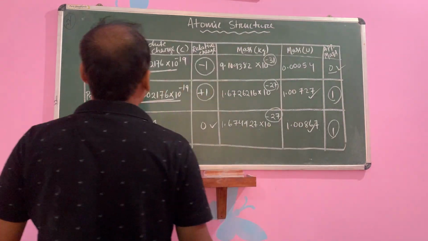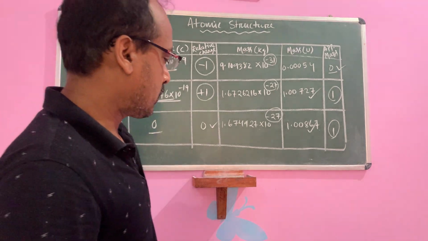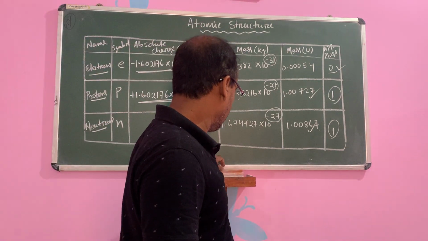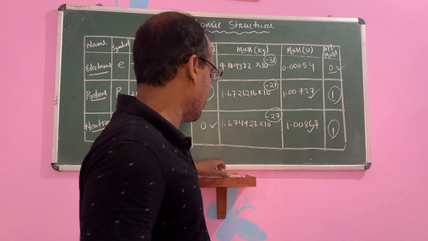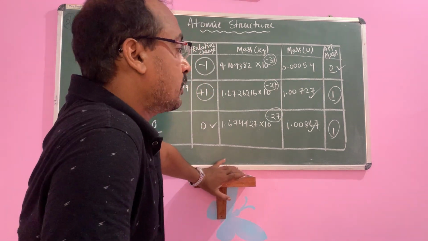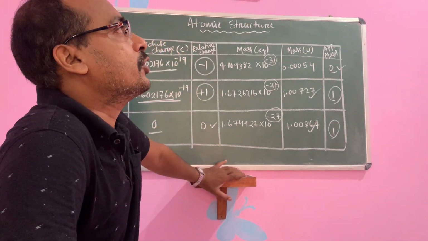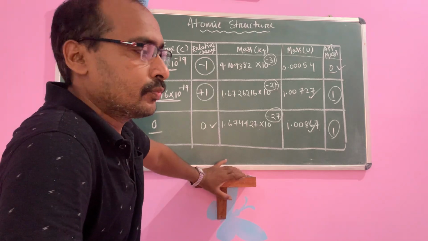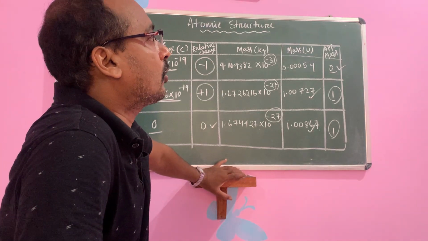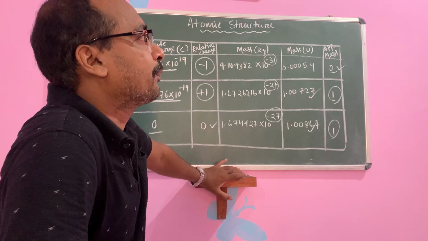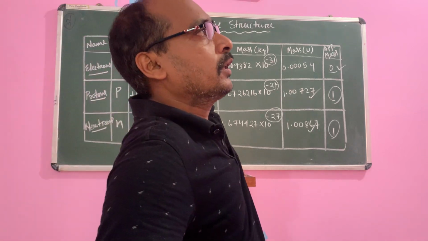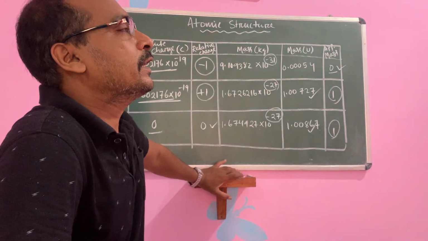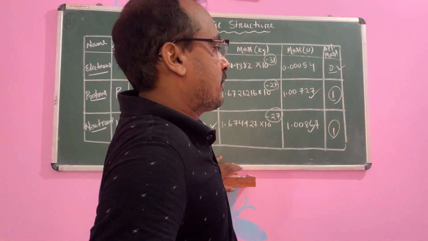These are the subatomic particles, which you have read in lower classes. ICSE children also read, but not in CBSE, about the cathode ray discharge tube. Discovery of the electron by cathode ray discharge tube, by J.J. Thomson. Then the discovery of the proton, that is canal rays.